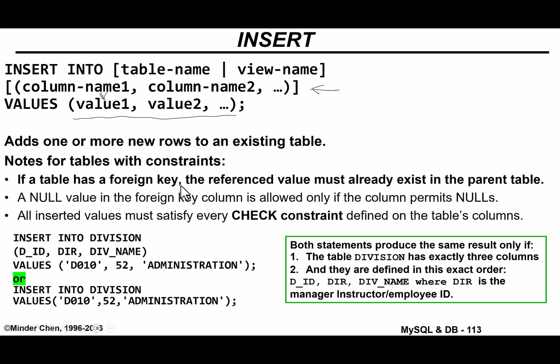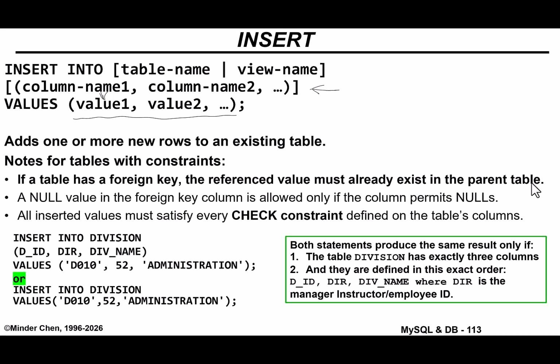If a table has a foreign key, the reference value must already exist in the parent table. For instance, if you want to insert a new instructor and you put in the division number for the division the instructor works for, that division number has to exist in the division table.